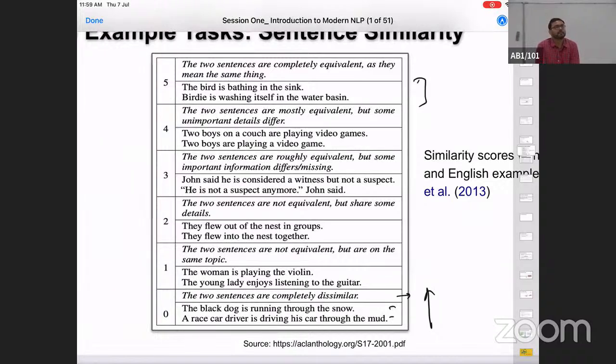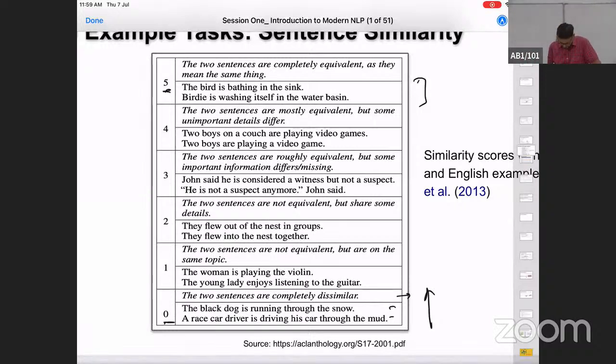The birdie is washing itself in the water basin. They have a very high similarity, and this is the explanation from a human: the two sentences are completely equivalent as they mean the same thing. Their meaning is almost the same, so we have assigned a very high similarity score, a score of 5. And this sentence pair we are assigning a similarity score of 0.